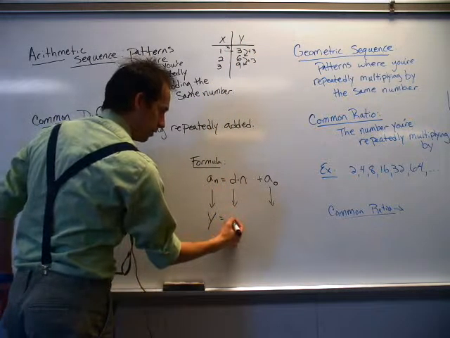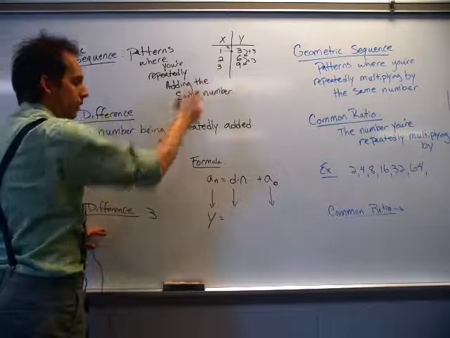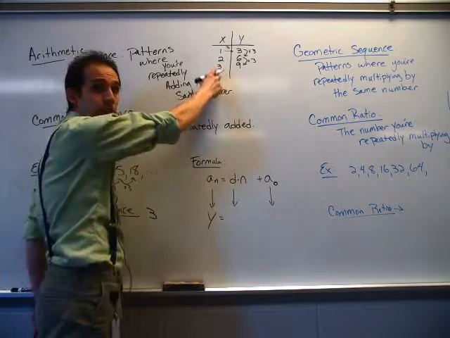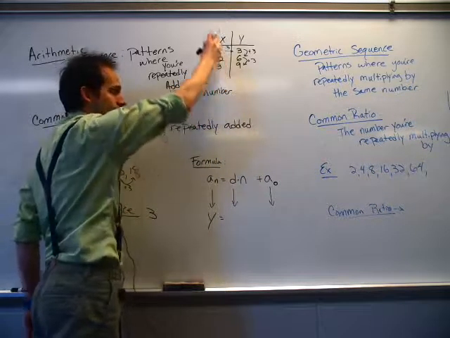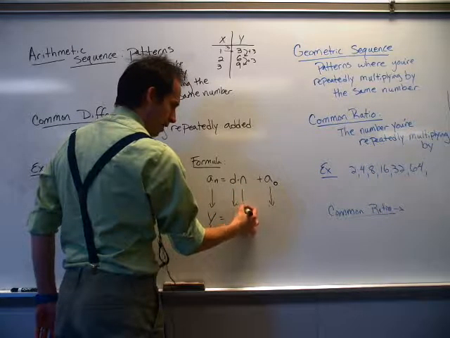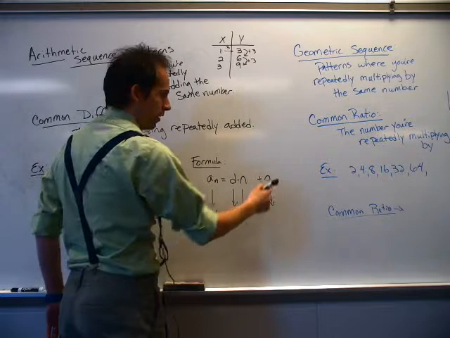So the common difference here is what I'm going to multiply times my term value, or the number in the x column. So here we have n is going to be our x value, and d, let's call that m just for the sake of familiarity.